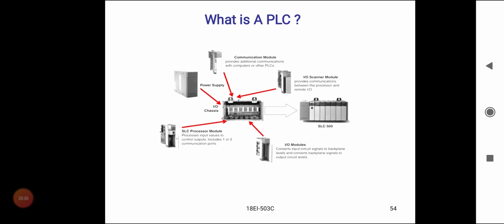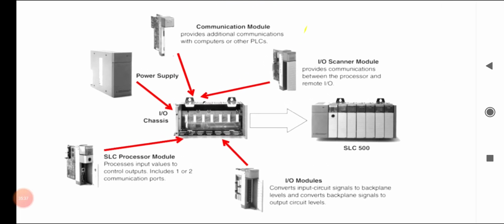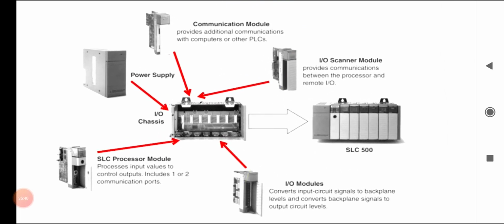What is a PLC? The communication module provides additional communications with a computer or other PLCs. Then there are the power supply and I/O chassis. The I/O scanner module provides communication between the processor and remote I/O. The SLC processor module processes input values to the control outputs and includes one or two communication ports.